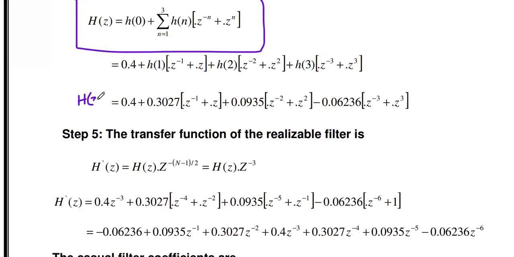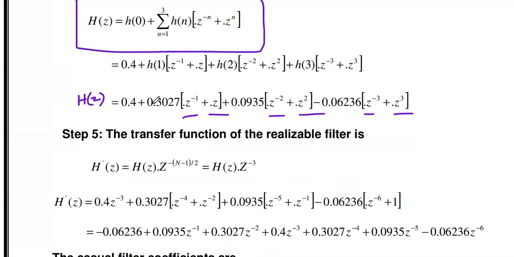But you see, in this transfer function there is a positive Z term as well as a negative Z term. If a transfer function has a positive Z term, that is not a physically realizable filter.